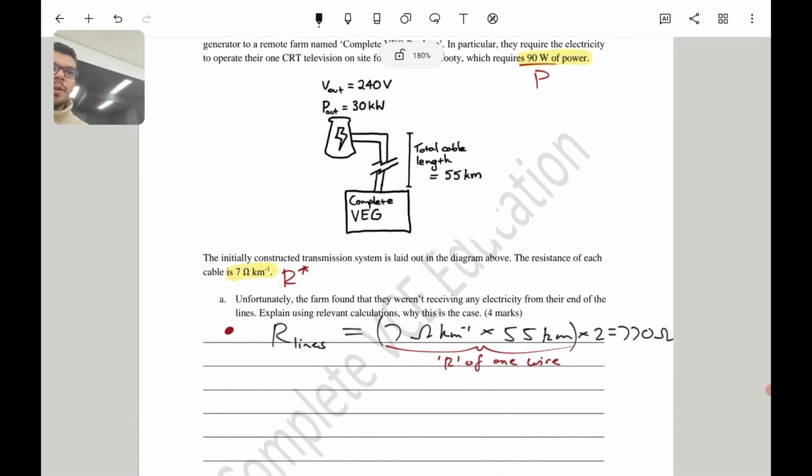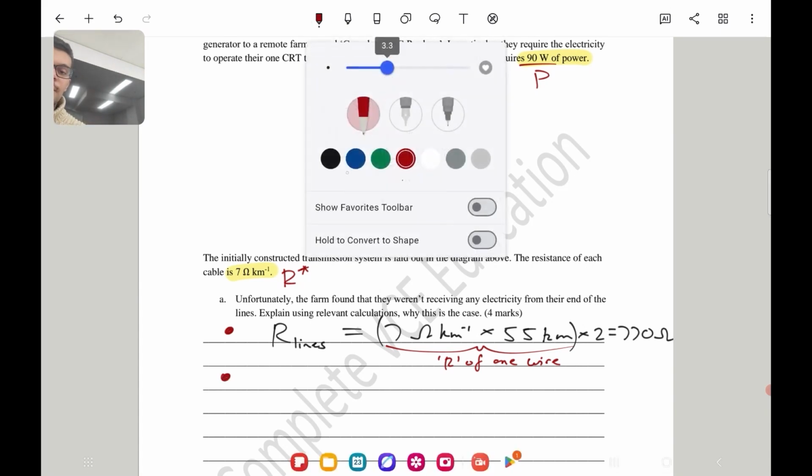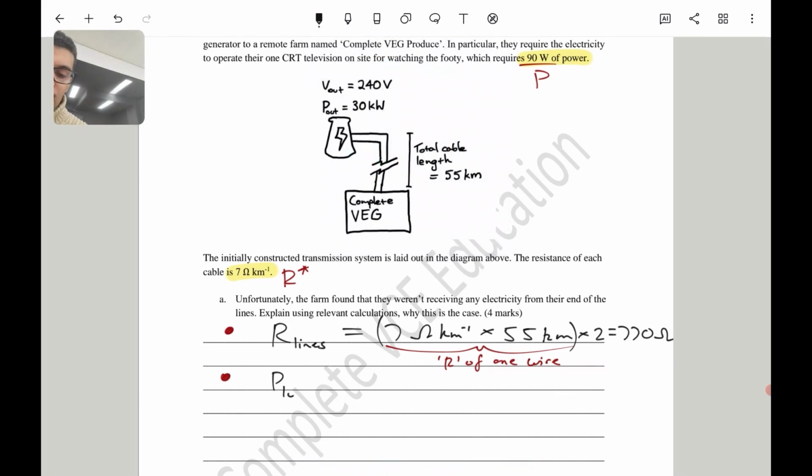Now afterwards, we can figure out the power loss. So second dot point for the second mark. The power loss is given by the formula I line squared times R lines.